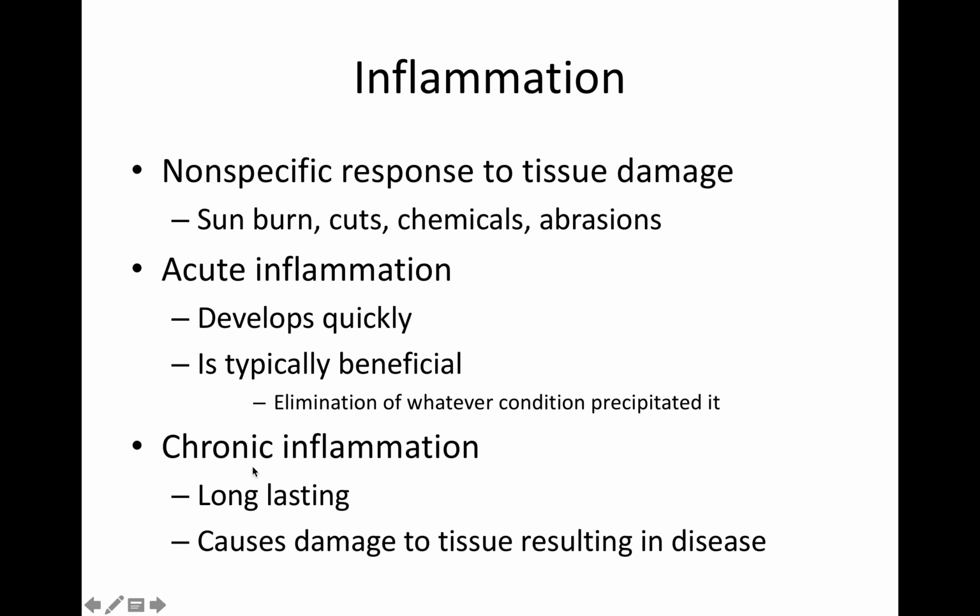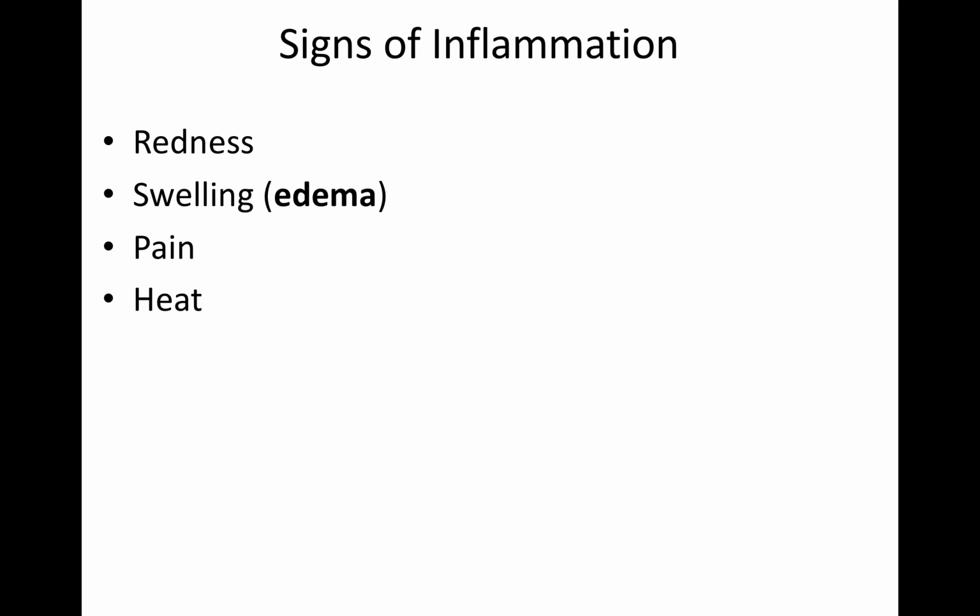And then chronic inflammation, which is long-lasting and causes actual tissue damage, resulting in disease. The four classical signs of inflammation are redness, swelling, pain, and heat. So every one of us has experienced inflammation at one point or another. From getting hit in the head with a hard object, you see the signs of inflammation right away.